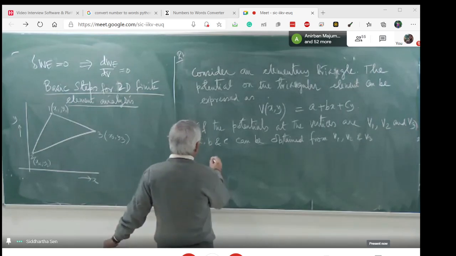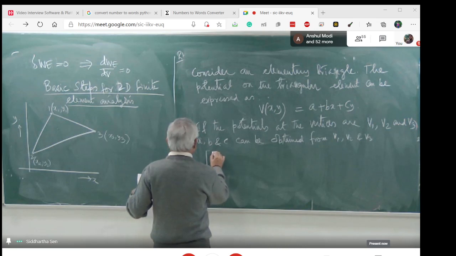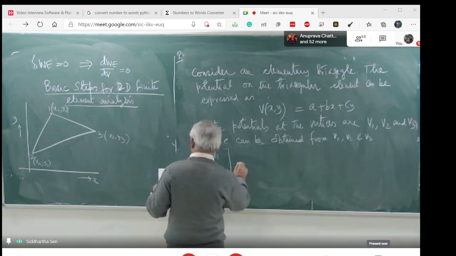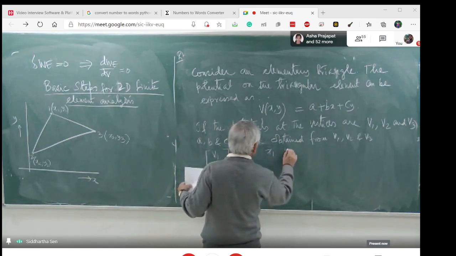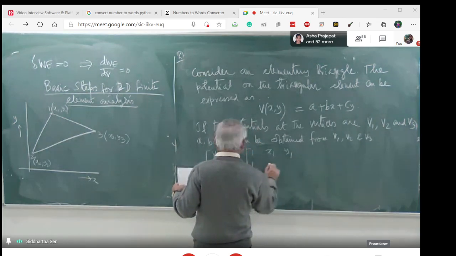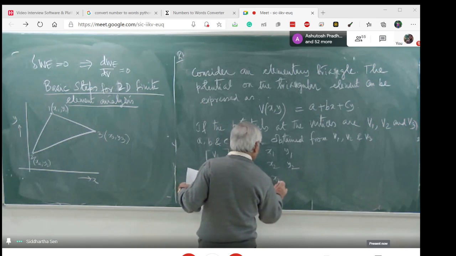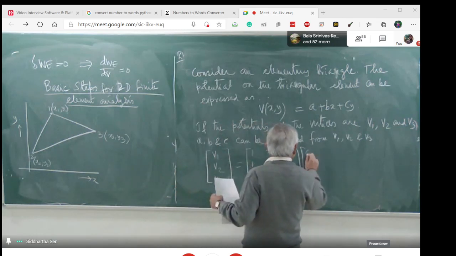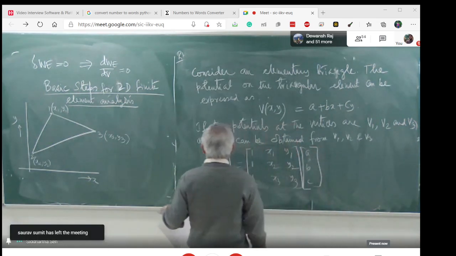So we can write V1, V2, V3 equal to the matrix with rows 1, x1, y1; 1, x2, y2; 1, x3, y3, multiplied by A, B, C. Basically, this is the equation.